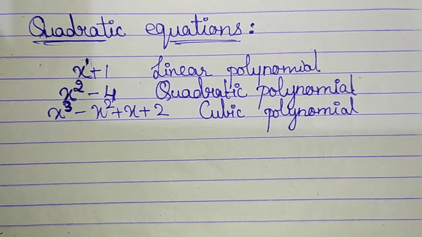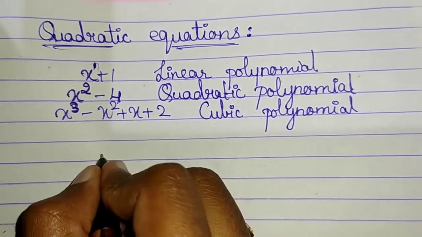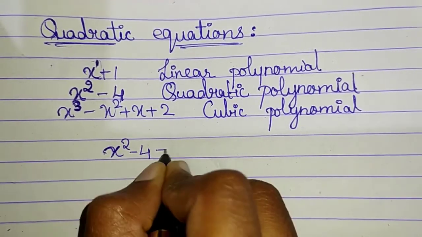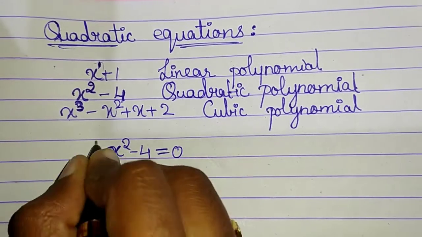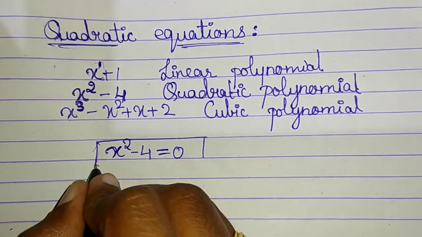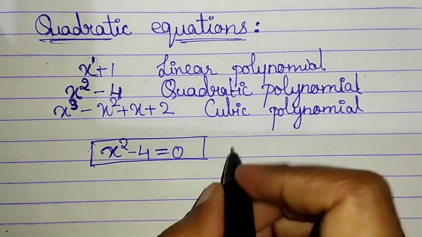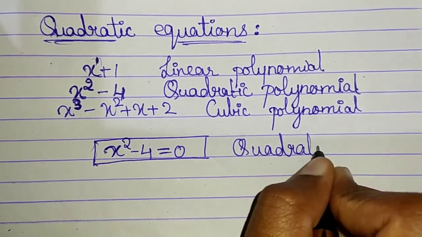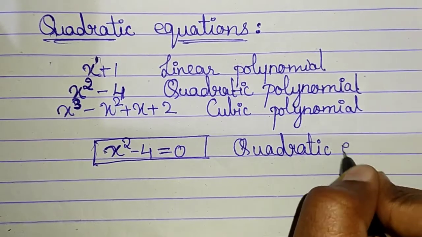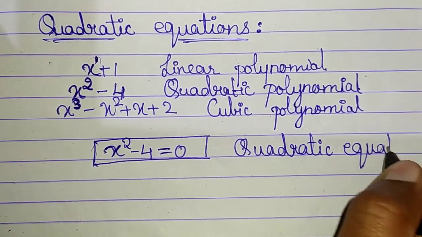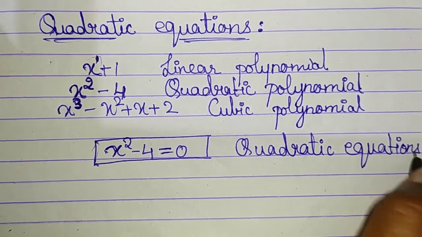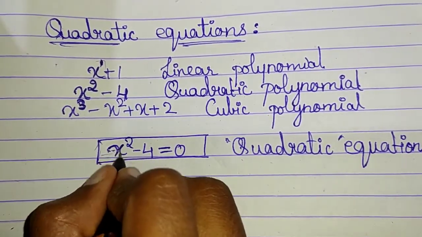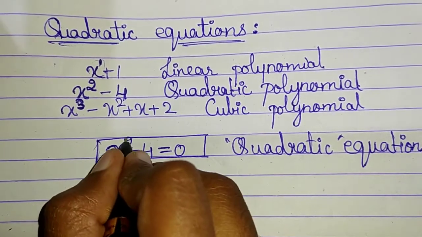And when these quadratic polynomials are equated to 0, that is x square minus 4 is equal to 0, this kind of equation is called a quadratic equation. And these equations are the topic of our discussion in this chapter named quadratic equations. Quadratic because the highest power of the variable in these equations is 2.